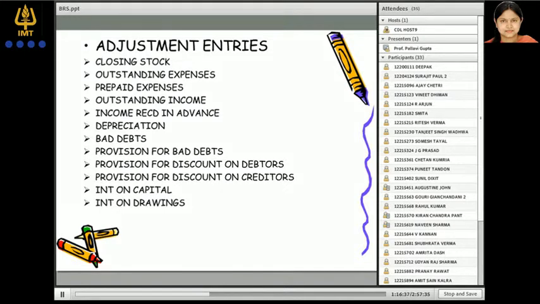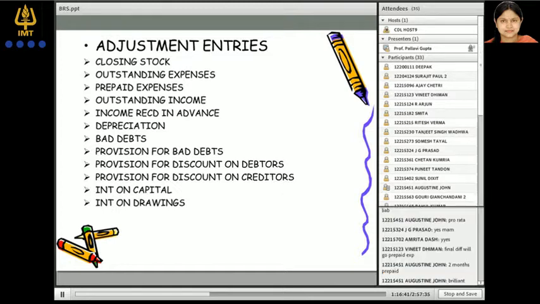Right? Income debit means the amount of income would be reduced and income received in advance will go to the current liabilities in the balance sheet.